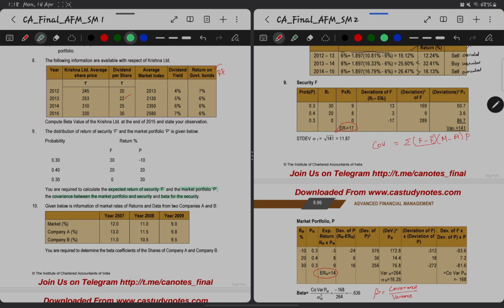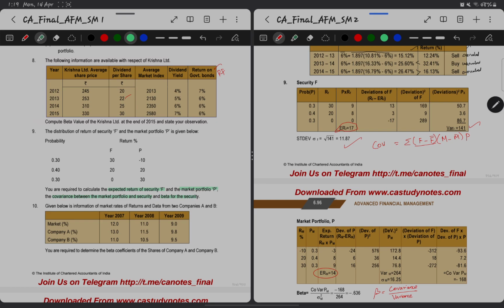Now we have the expected return, and if we reduce it from the actual returns, we'll get the deviation. Then we need the square of the deviation to find out the standard deviation in both the cases. So the variance for security F is 141 and the standard deviation is 11.87.